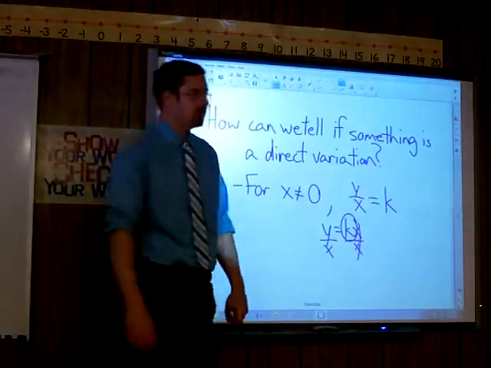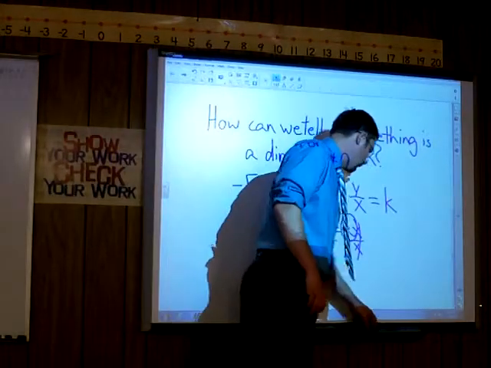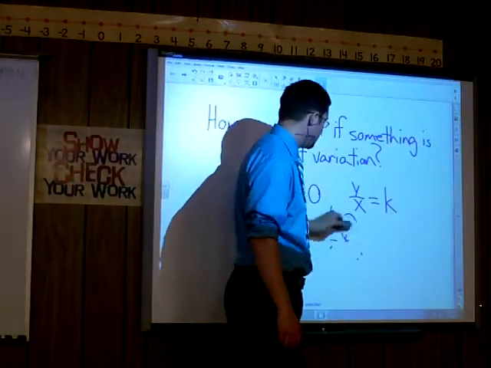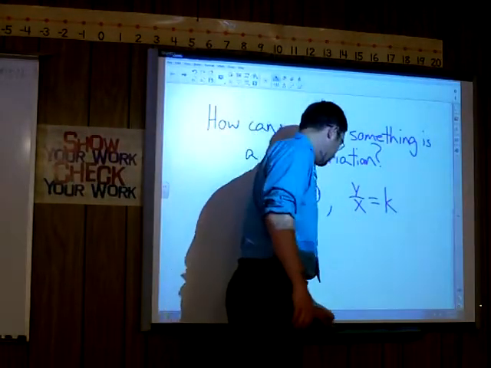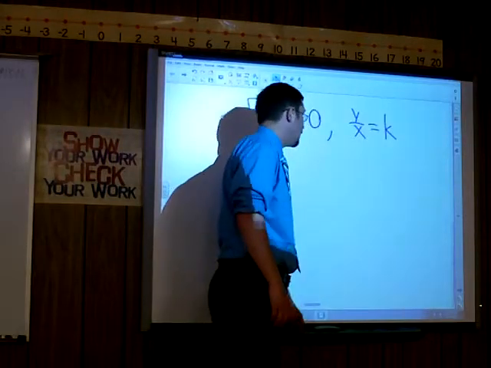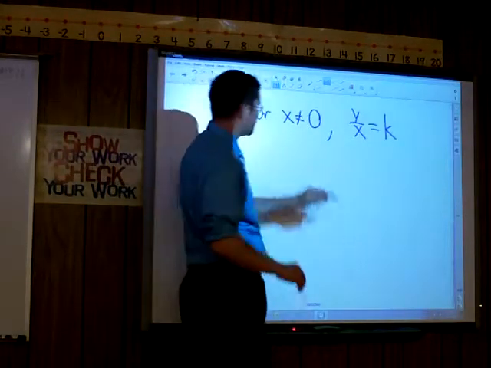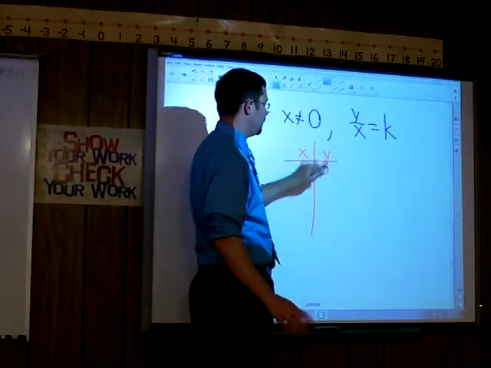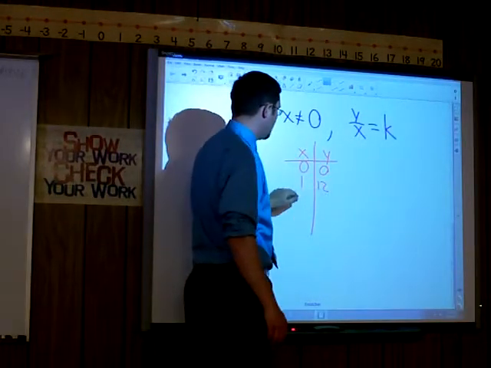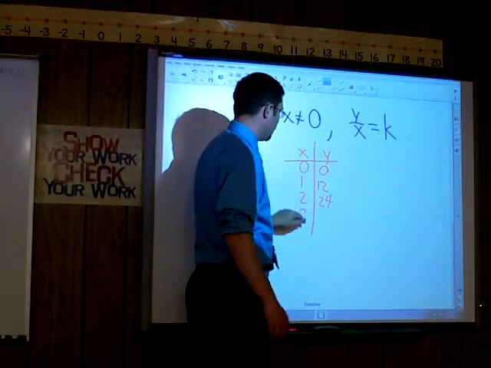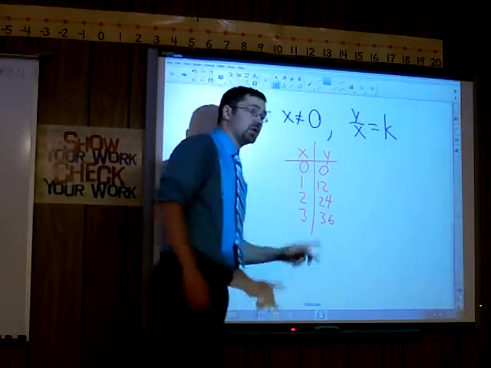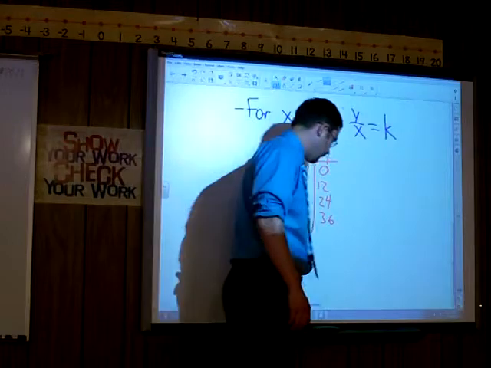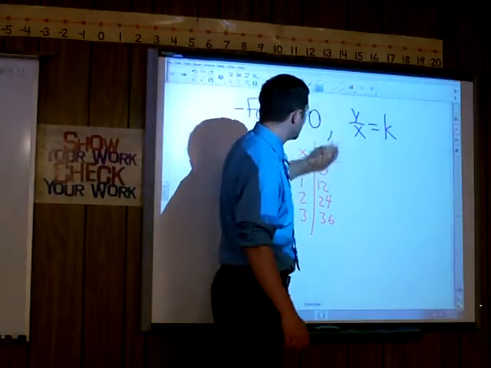Now, how is that useful? Well, let's look back at the data that we had: 0, 0. We're not going to use that point, but 1, 12, 2, 24, 3, 36. So, let me add a third column to this.